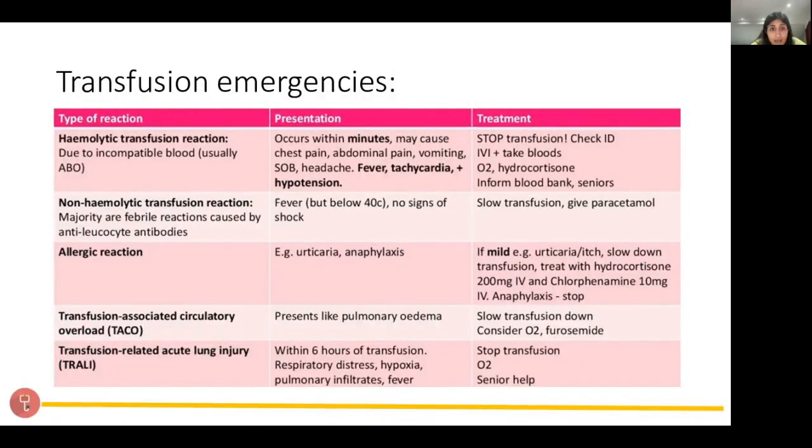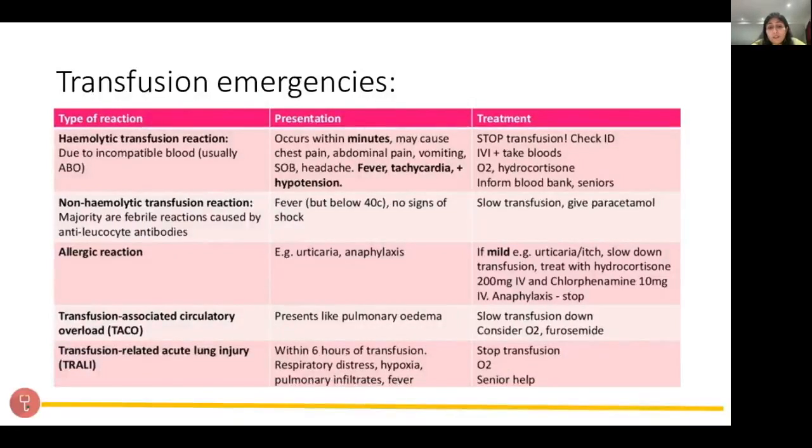And you'll see this reaction happen immediately. So within minutes, patients will present with things like vomiting, headaches, chest pain, shortness of breath. And also they will, in most cases, be hemodynamically very unstable. So their obs will be completely off. They'll be tachycardic, hypotensive, spiking temperatures.